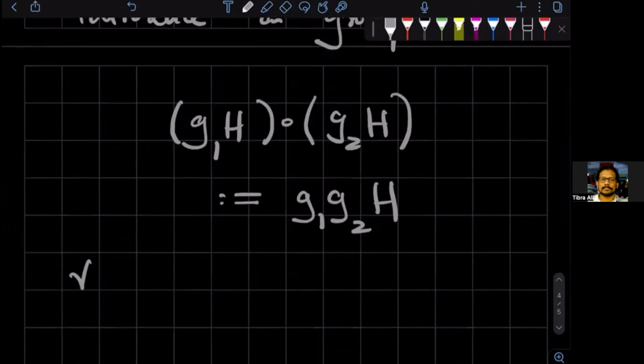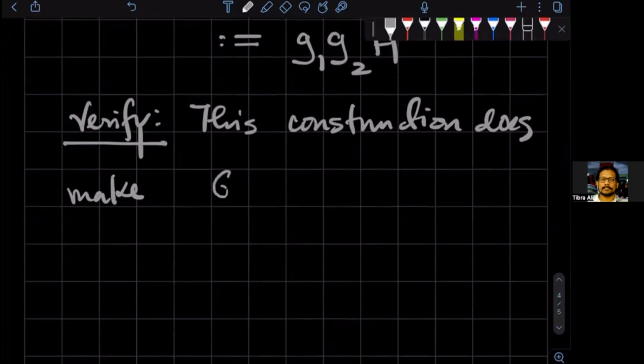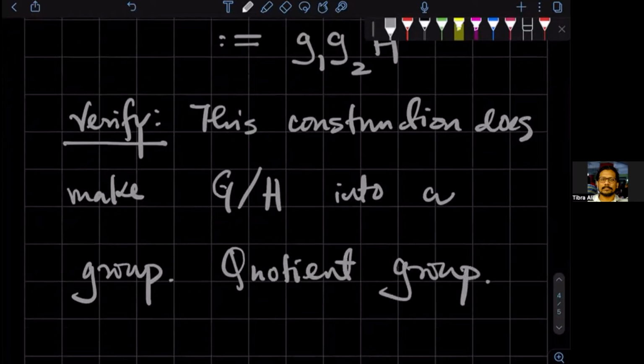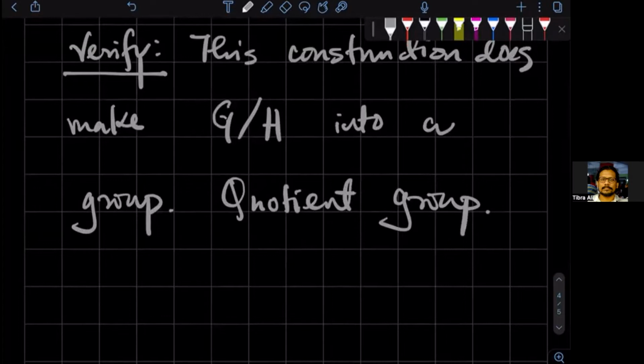And you can verify, and I think this is one of the exercises I gave, that this construction does make G over H into a group, and that group is called the quotient group. Okay, so this is the coset group or the quotient group.